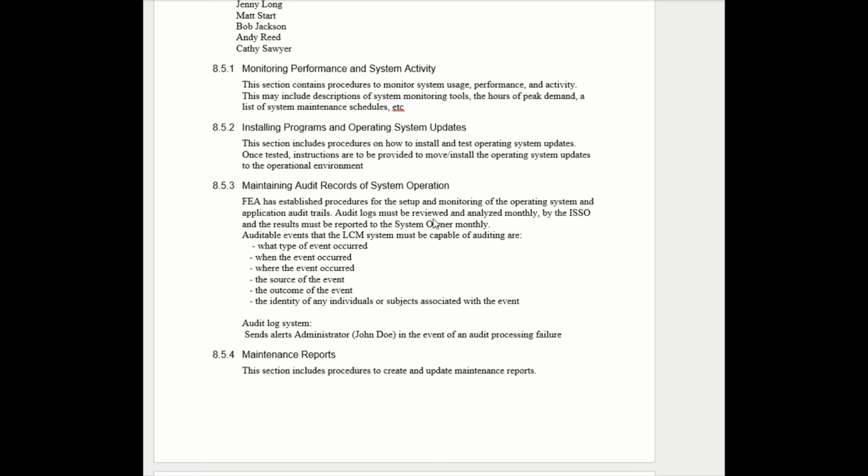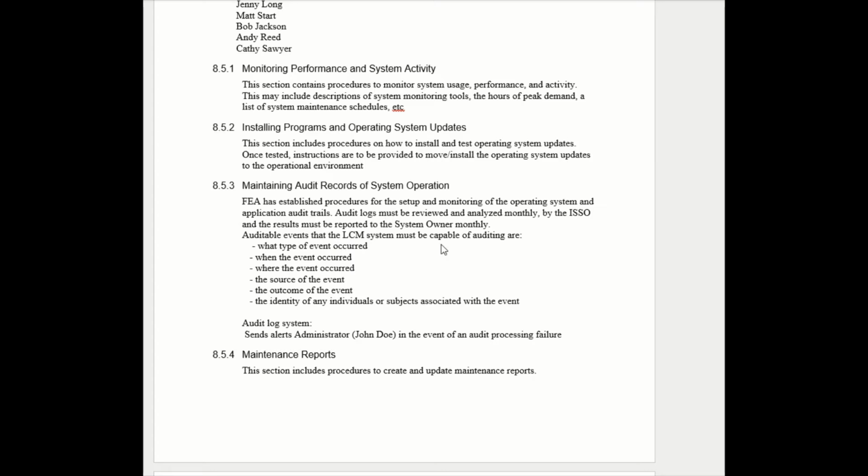Audit logs must be reviewed and analyzed monthly by the ISSO. So it does talk about the person who is going to perform this task, and the results must be reported to the system owner, and it talks about when, the frequency, monthly.